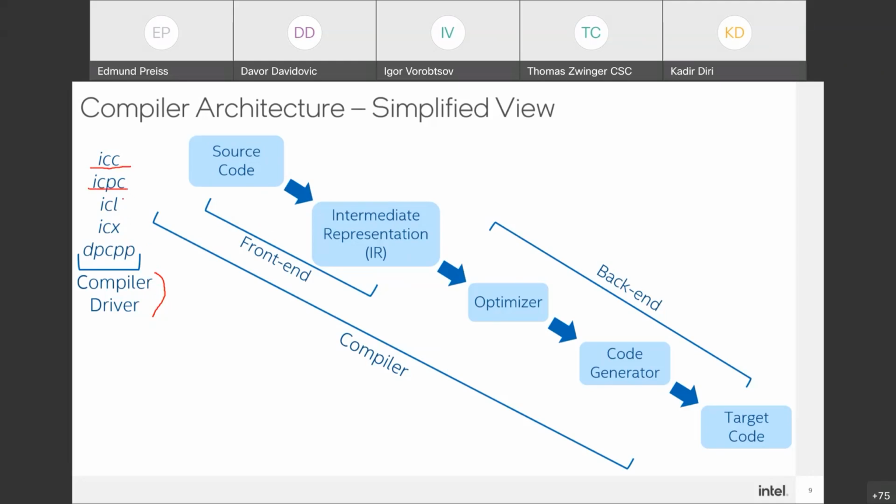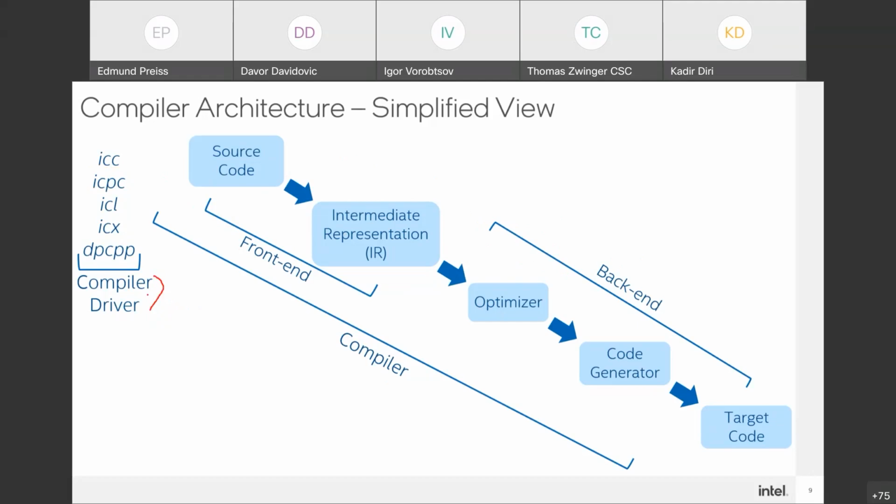And once the source code and all these options are passed to a real compiler binary, it usually consists of three parts: front end, middle end, and back end. I oversimplify this picture a bit, but the idea is that the real code generation, the translation, happens later and not at the moment of the invocation of your compiler driver.